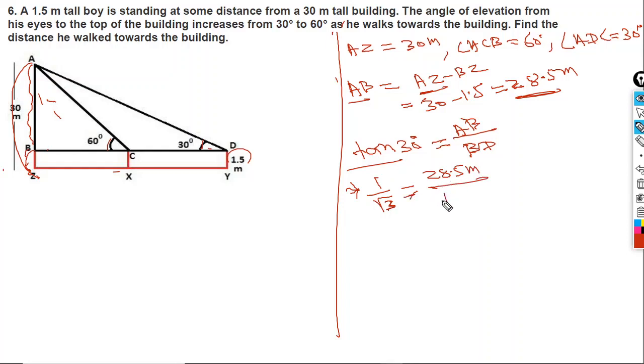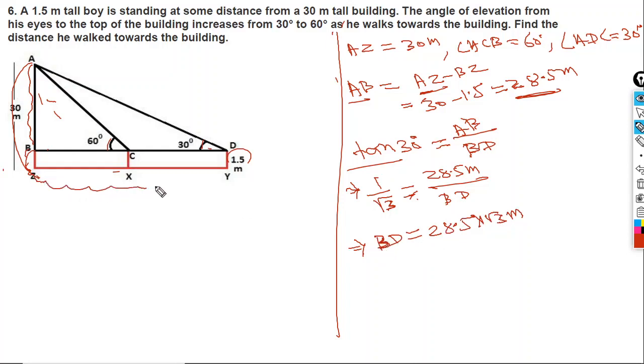We don't know the length of BD, so just write BD. Cross multiply it, so BD will be equal to 28.5 into root 3 meter. So we got the length of BD.